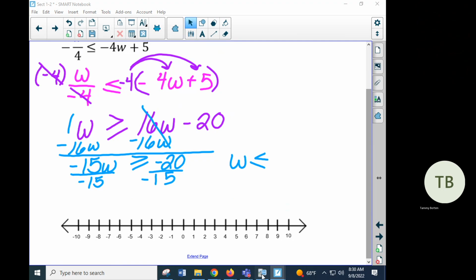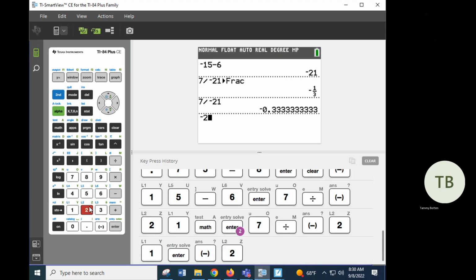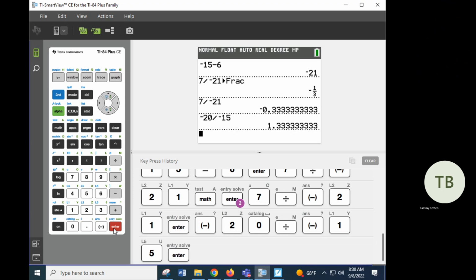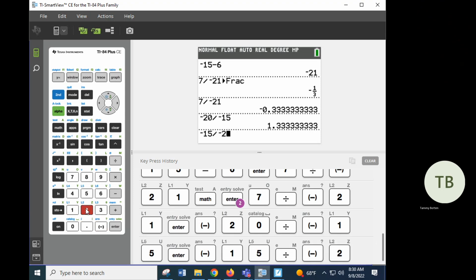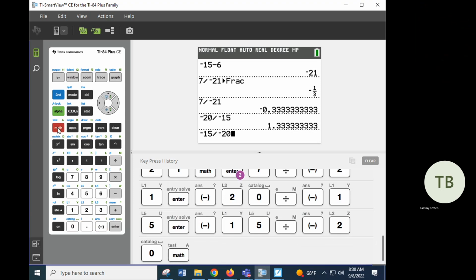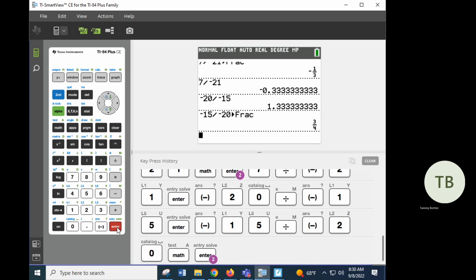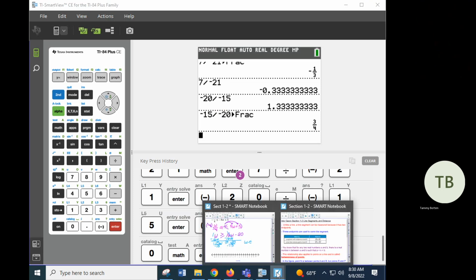Now, on a calculator, you can just go negative 20 divided by negative 15 and get 1.3 repeating. Or if you have a graphing one, you can go negative 20 divided by negative 15 and then go math, enter, enter. And I do have some graphing calculators in that bottom drawer if you want to use one.